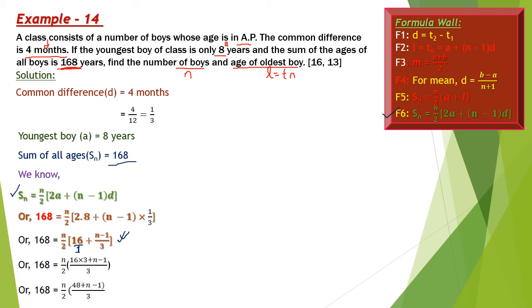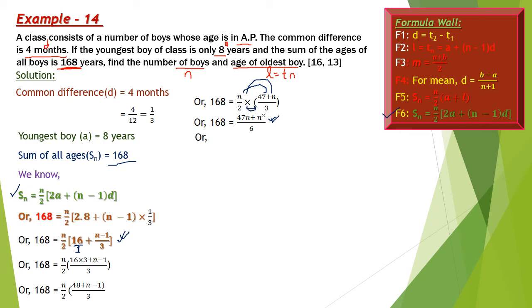Now we subtract 48 and 1, which gives 47 plus n by 3. So 168 equals n into 47 is 47n, and n into n is n square, over 6.